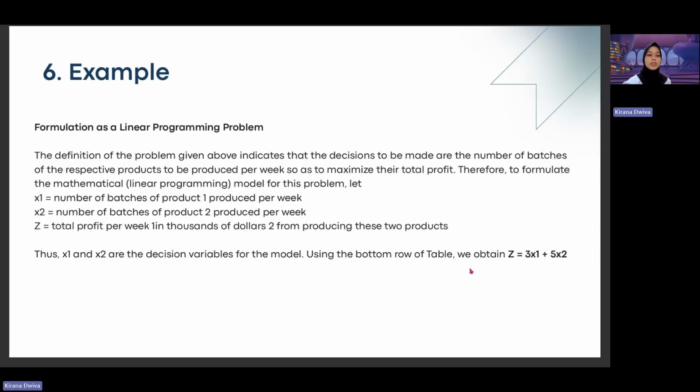The formulation as a linear programming problem. x1 is the number of product 1, x2 is the number of product 2, and z is the total profit of product 1 and product 2. x1 and x2 are the decision variables for the model. Using the bottom row of the table, we obtain z equals 3x1 plus 5x2.